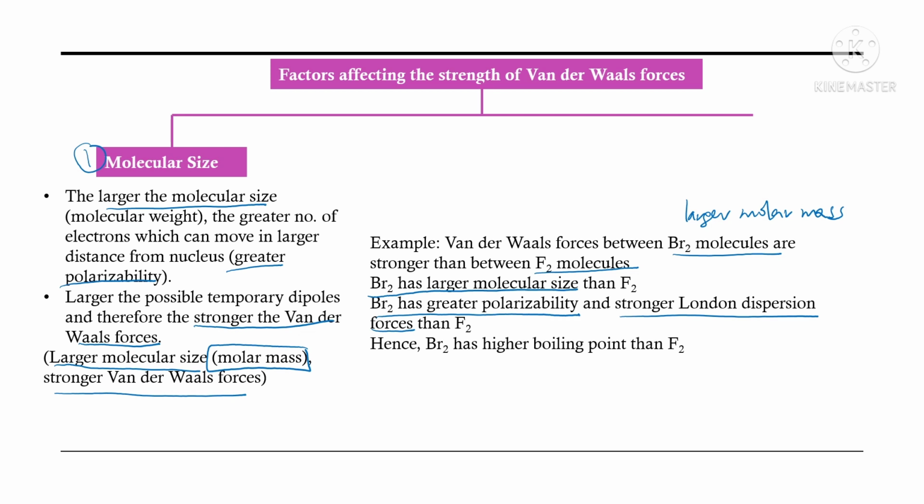When the van der Waals forces between molecules are stronger, more heat energy is needed to overcome them, and therefore Br2, which has stronger van der Waals forces between molecules, has a higher boiling point than F2.